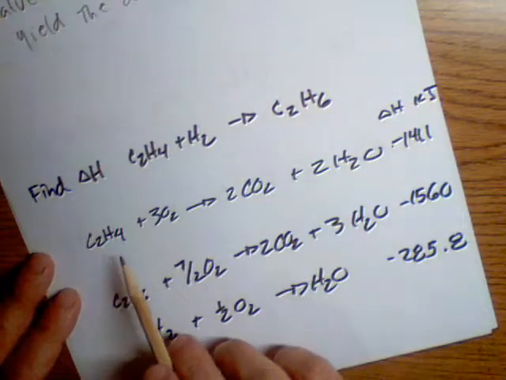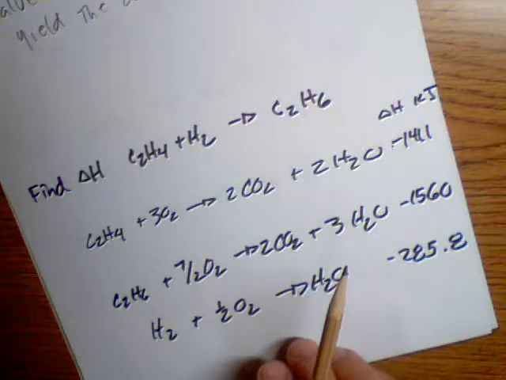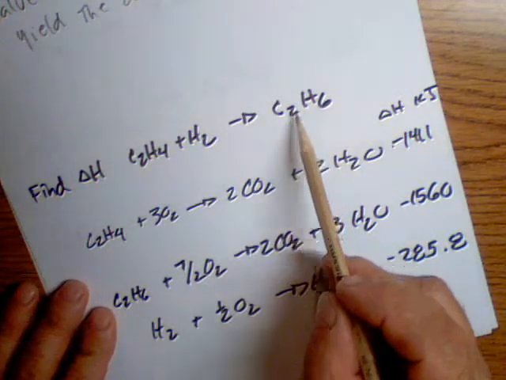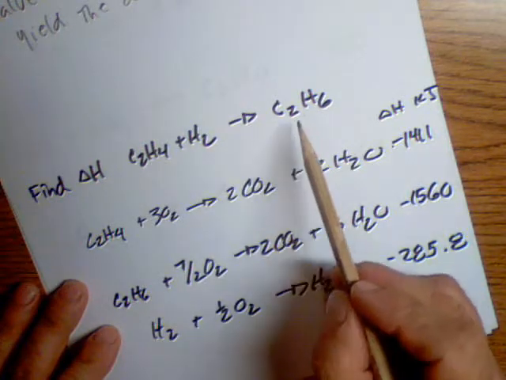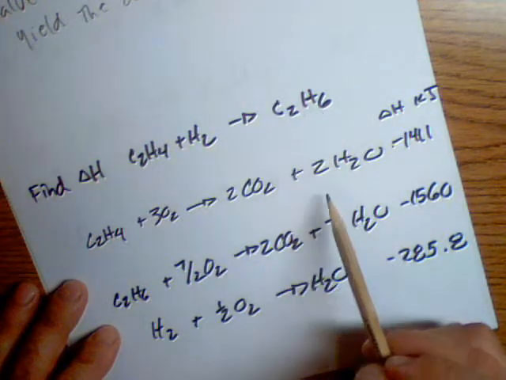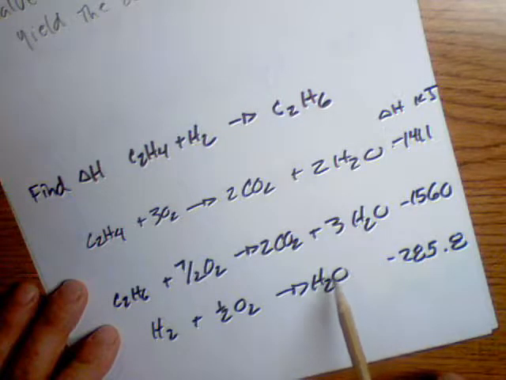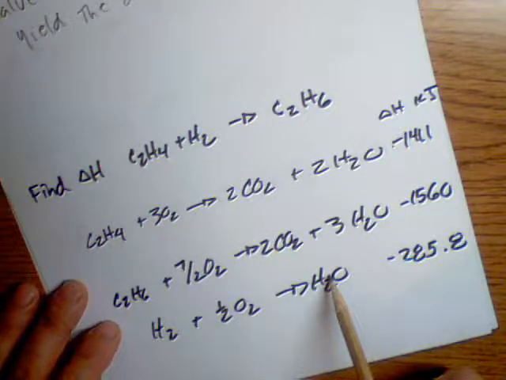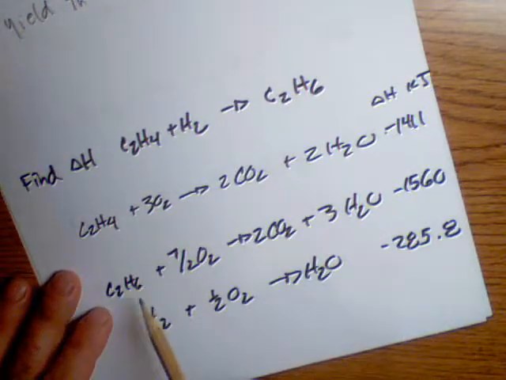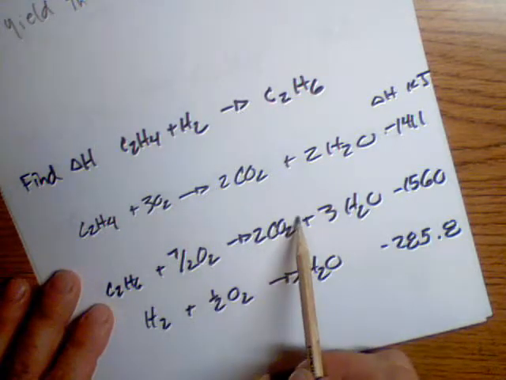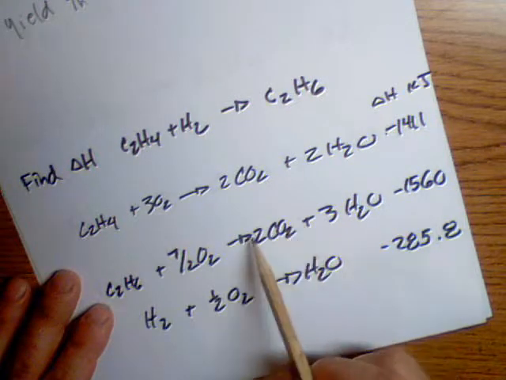So let's get cracking. First one. The problem here is that on the product side, we don't have our desired product, do we? So consequently, we're going to have to flip a reaction. Here is our desired product, so we're going to have to reverse this reaction. That's easy enough.